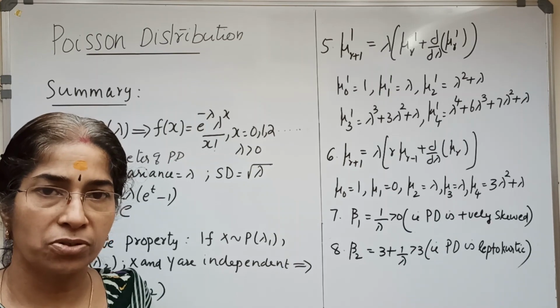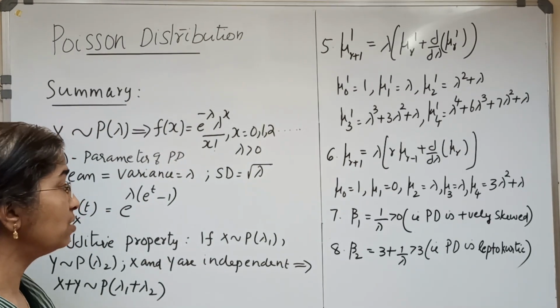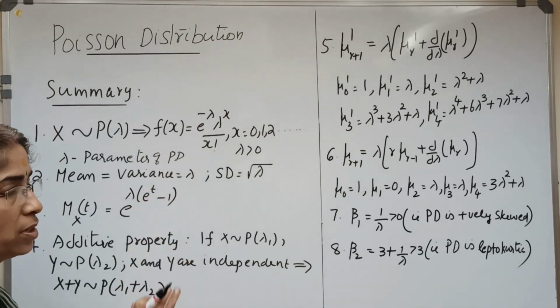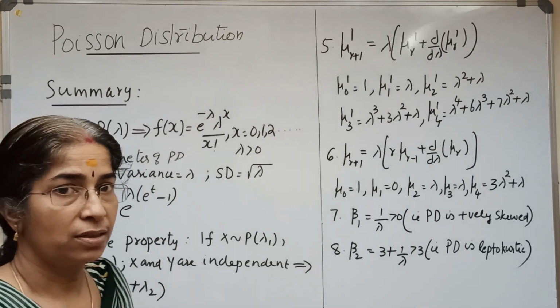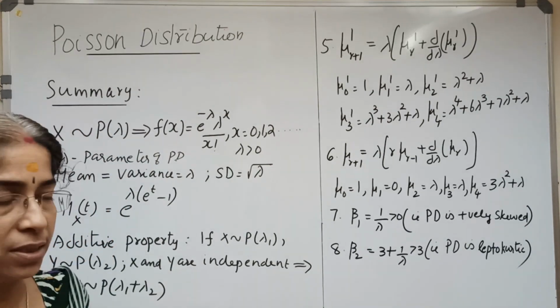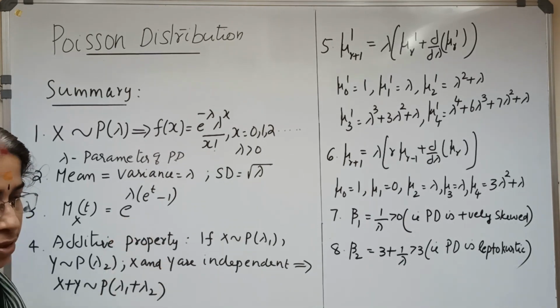Hence mu2 equals mu2 dash minus mu1 dash square, which gives variance also equal to lambda. There is more than one method for finding the moments.